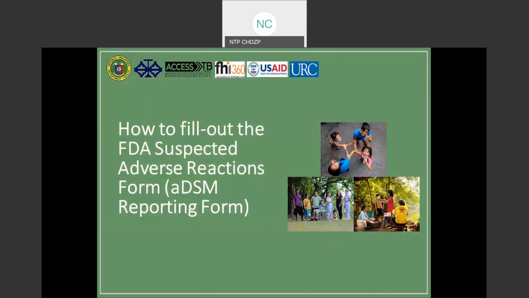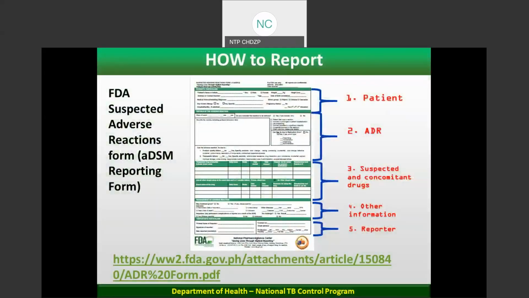How do we fill out the FDA suspected adverse reaction form or the aDSM reporting form? So the form has 5 parts. Number 1 part is about the patient. The second part is about the adverse drug reaction. The third part is the suspected and concomitant drugs. Number 4 is the other information. And number 5, the reporter.